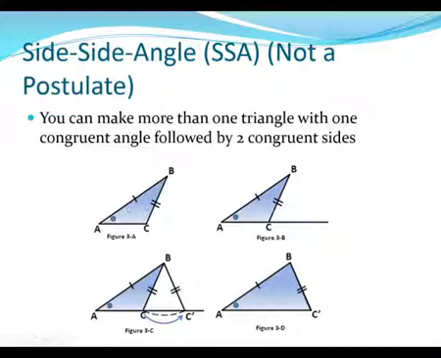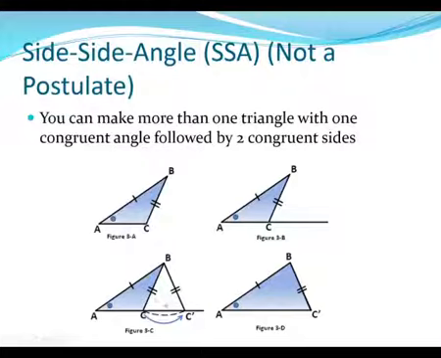So if I have a triangle with two sides and an angle that are congruent, and I have another triangle that has the same two congruent sides and same angle, you can create a triangle that is not congruent to this one. So this is not enough information to show that your two triangles are congruent. And the way this works, if you imagine taking the side right here, same as this, and you swing out that side.